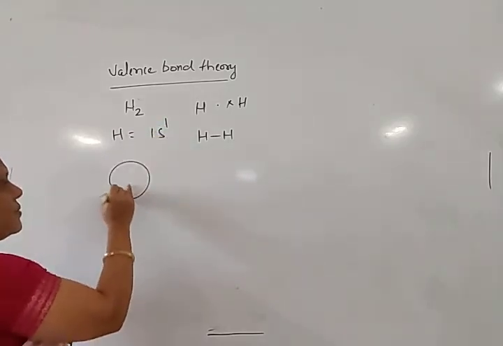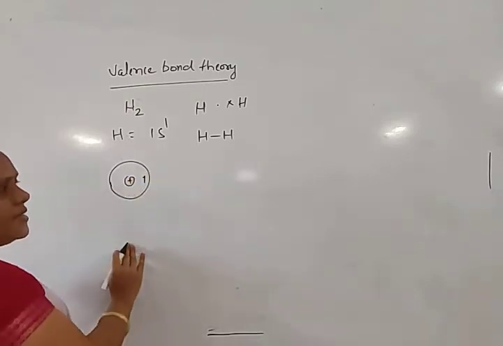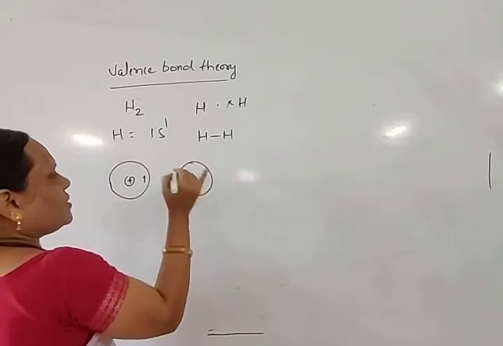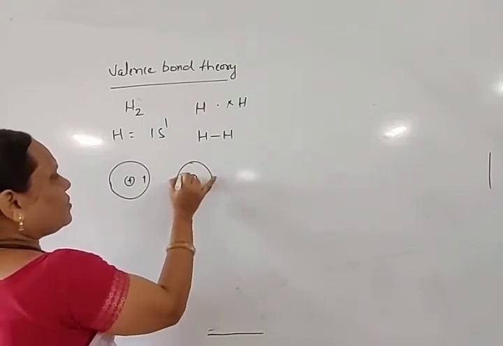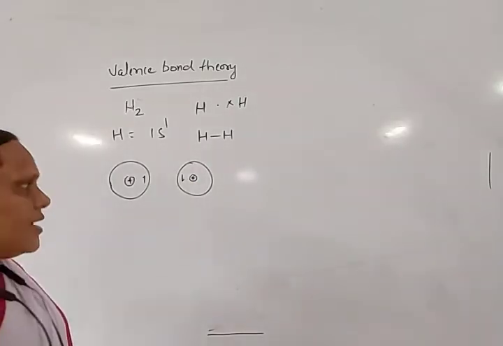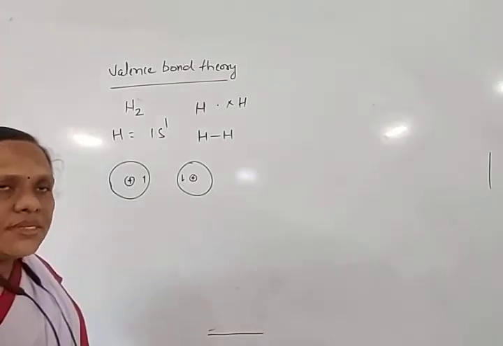So this is the s orbital, this is the nucleus, and one electron is present here, and another s orbital, this is the nucleus, and one electron is present here, on the opposite side, with opposite spin. One spin in this direction, one spin in the opposite direction.